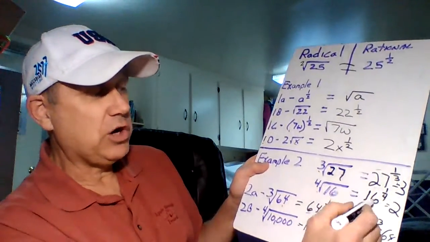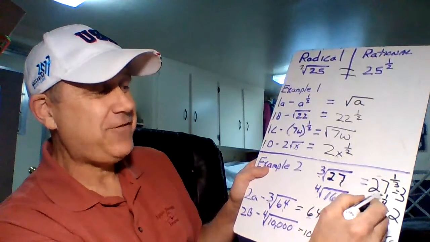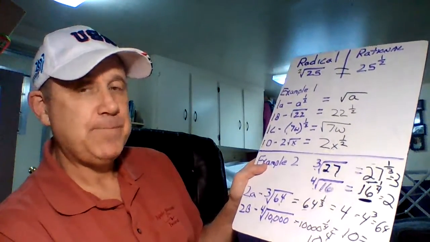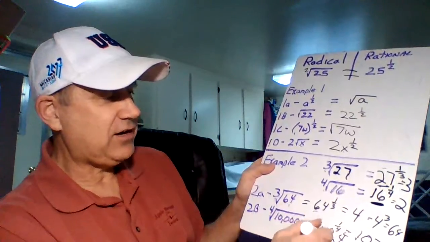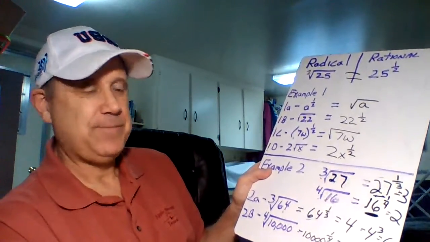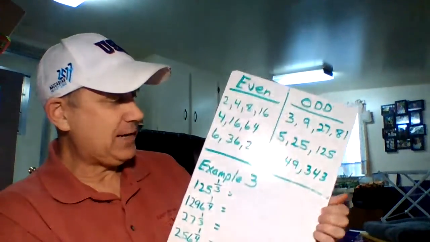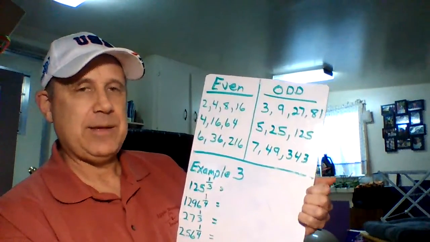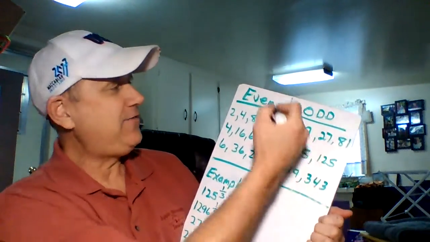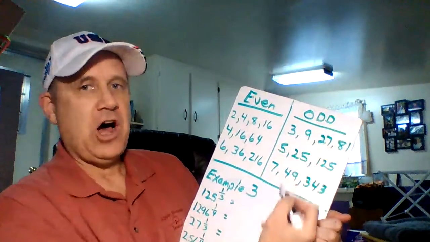Okay? So we're going to go over right now identifying in example 3 what our base is here. Those are our bases. So let's take a look at example 3 now. In example 3, we have even and odd.